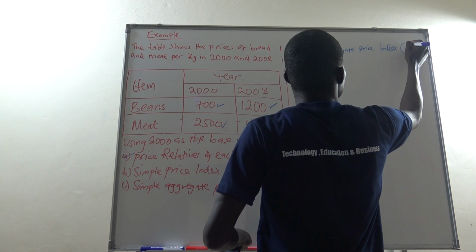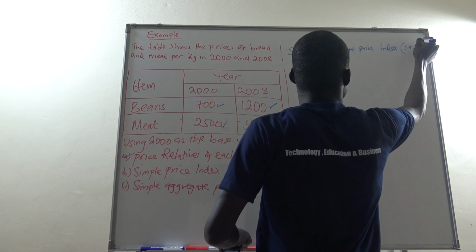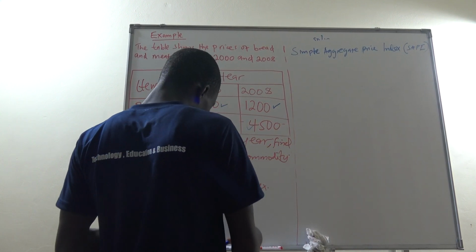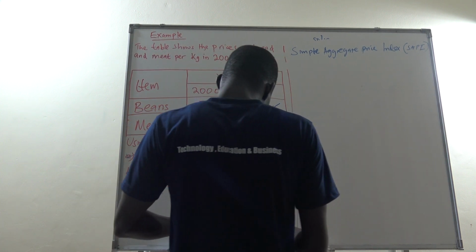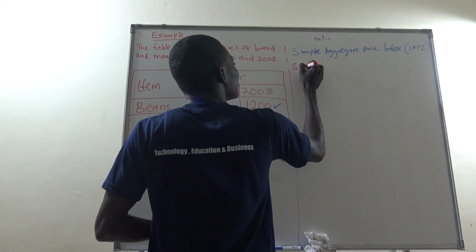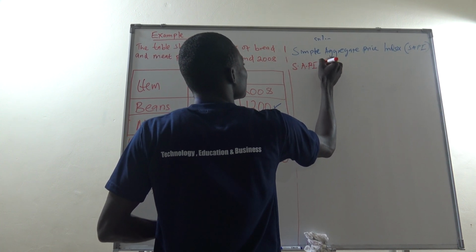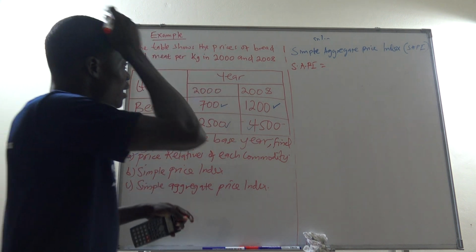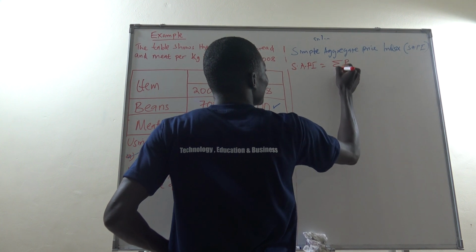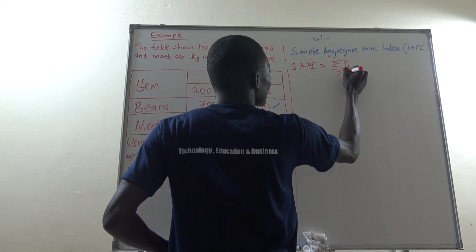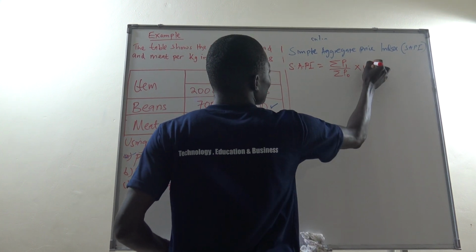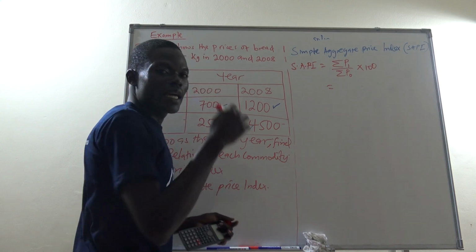This one you can call simple aggregate price index. Simple aggregate price index is given by getting the summation of prices in the current year divided by the summation of prices in the base year times 100. This one gives us our simple aggregate price index.